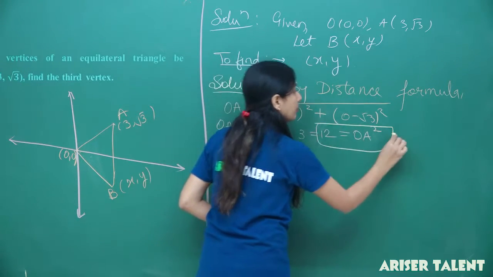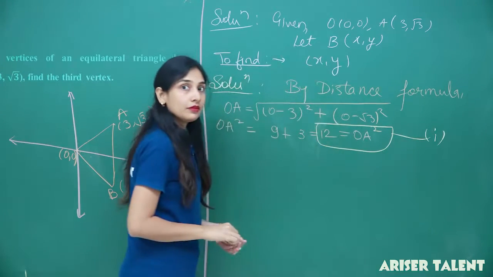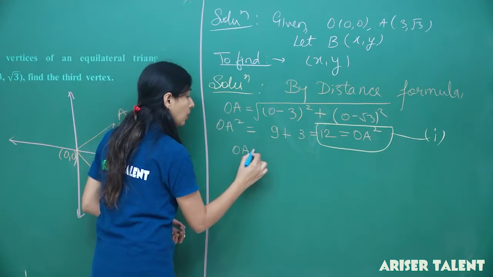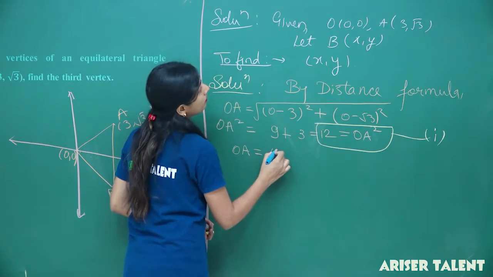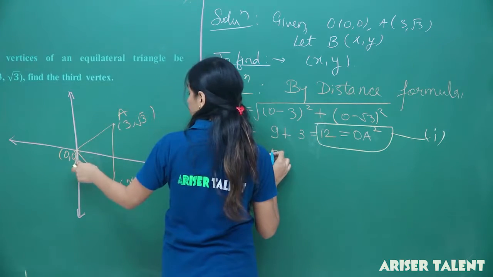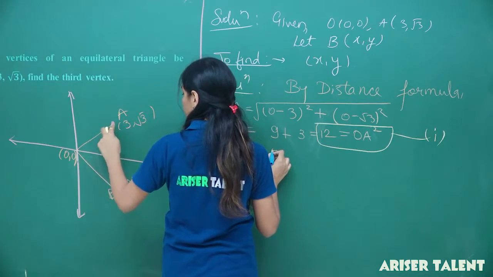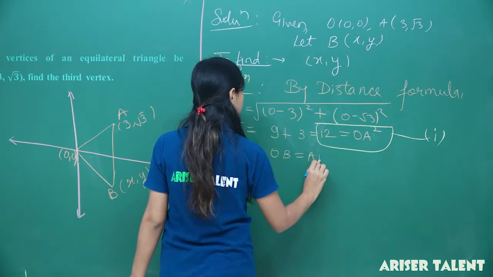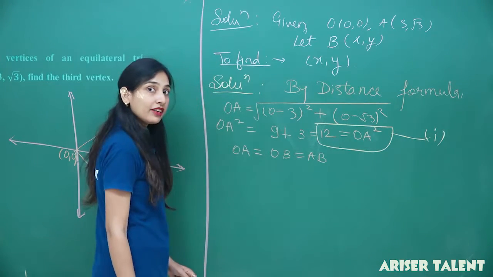Simply this one first. But this is an equilateral triangle. So OA is equal to AB is equal to OB. All the three sides are equal in an equilateral triangle.